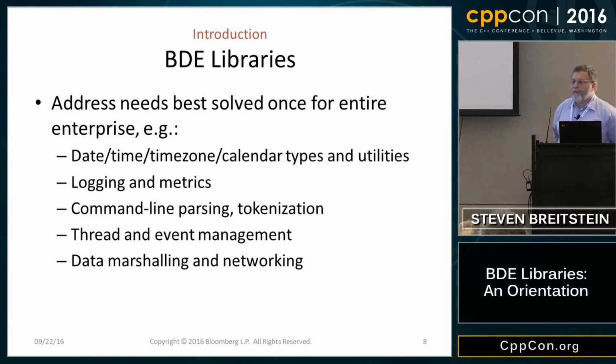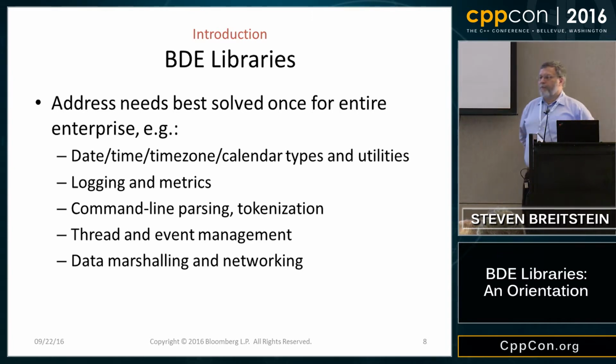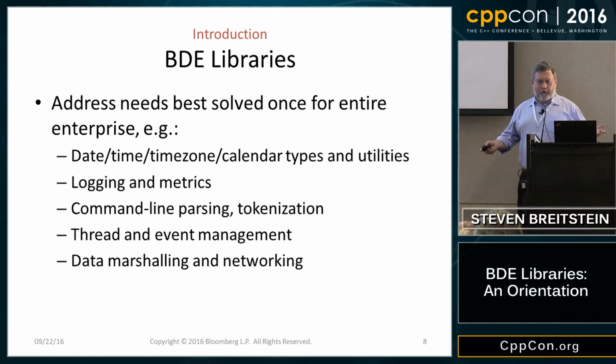The kind of problems solved by these libraries tend to be those that are best done once for the enterprise, such as the definition of date and time classes, calendar types, and utilities operating on those, logging systems. I don't know how many logging systems one typically has in an enterprise. I found many over the years. In different projects, I'll find different people are using 3 or 4 types of loggers through the same code body.